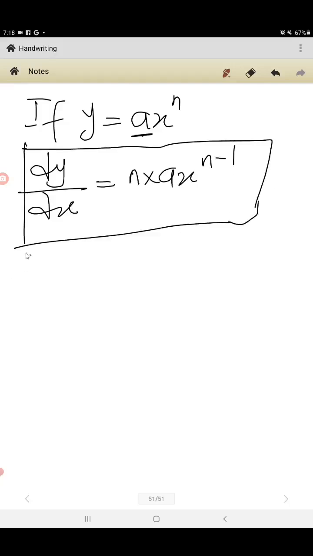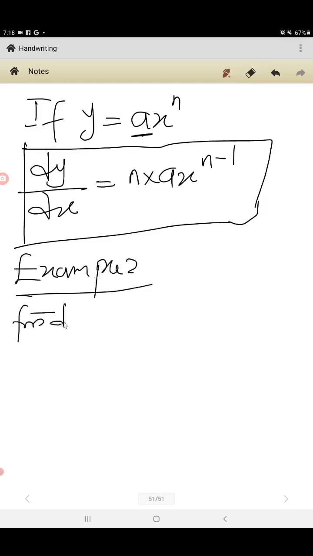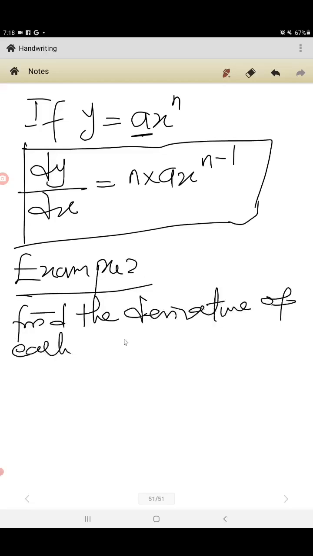Example 2 under the general formula. Find the derivative of each of the following.